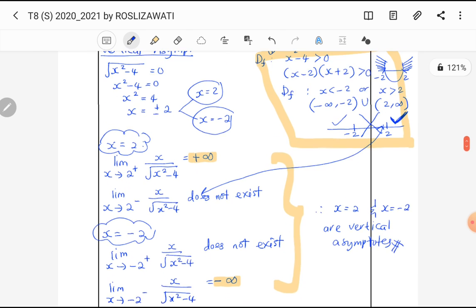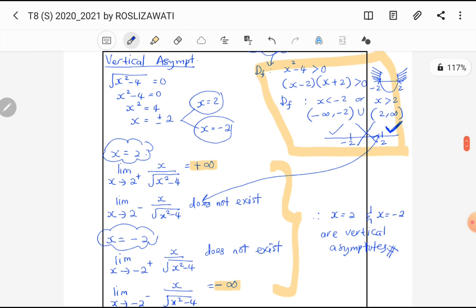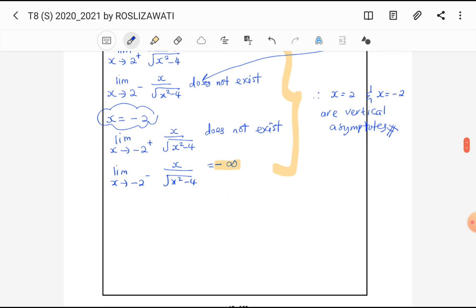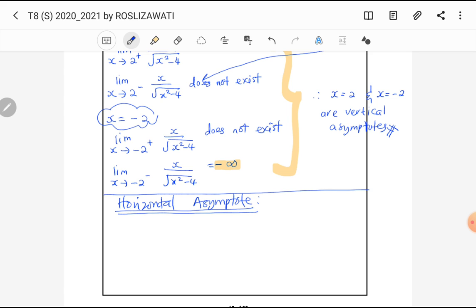Okay. Settle for vertical asymptote. Okay, now kita continue to the next one. Horizontal asymptote. So, for horizontal asymptote, we need to apply limit at infinity.